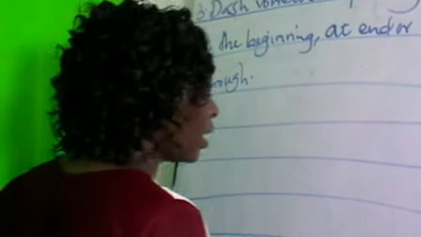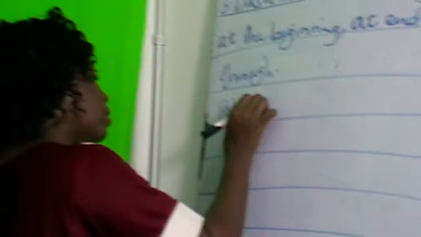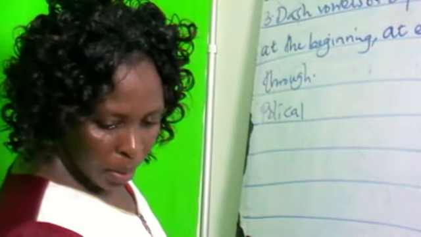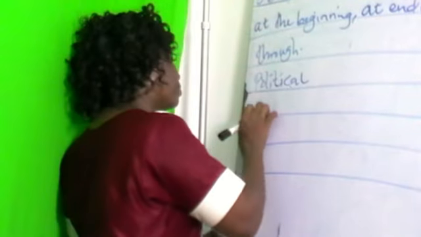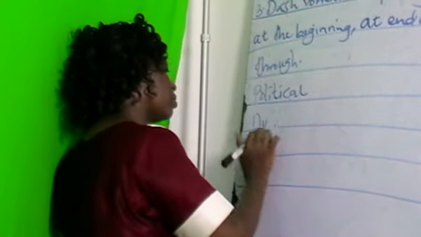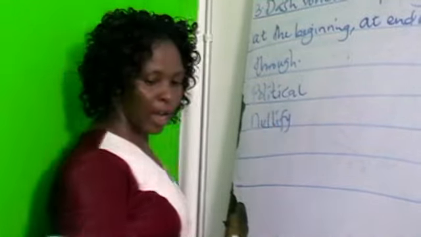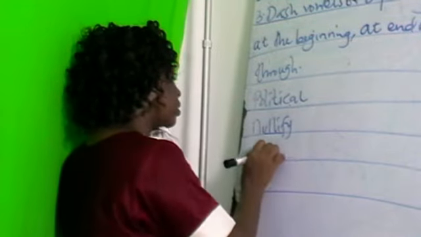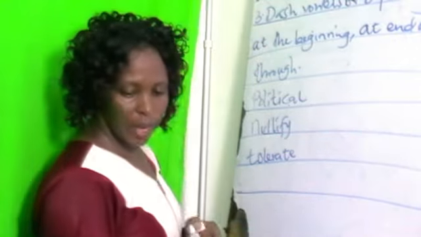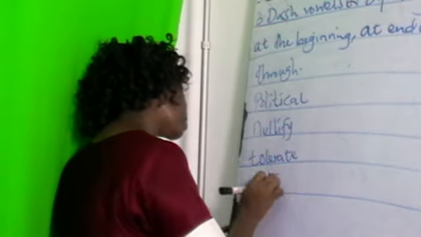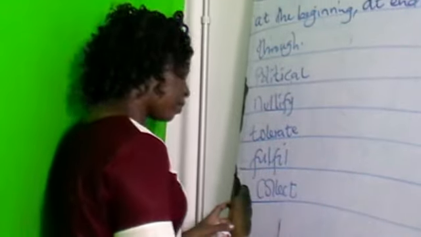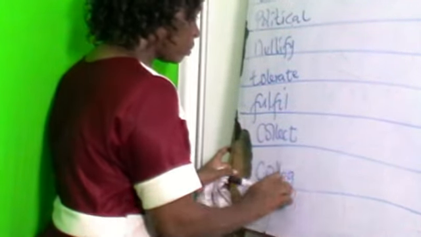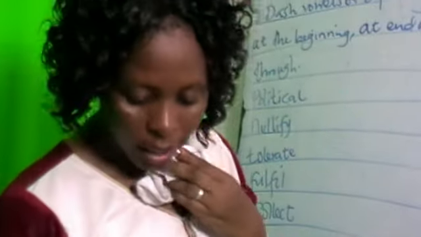I want you to note that because we have examples of words here like the word political, we have the word nullify, we have the word tolerate, and we have the word fulfill, we also have the word collect and the word college. So look up here the way we indicate the dash vowel.